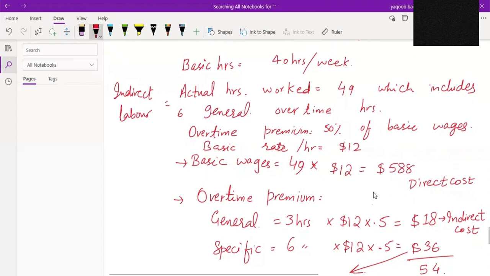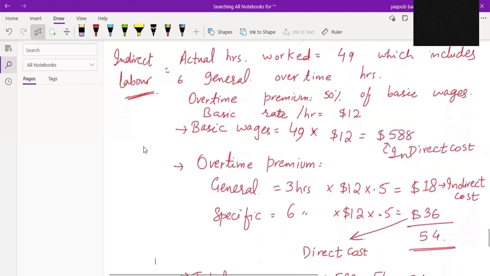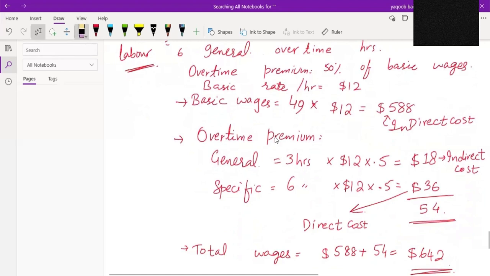This time indirect labor basic wages is treated as indirect cost, not direct cost, because the nature of labor is indirect. Further, now we are paying general overtime premium for 6 hours, not for 3 hours. So this time we have 36 over here, and the next one is 318.